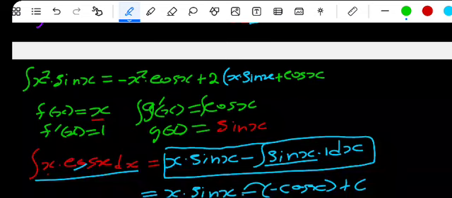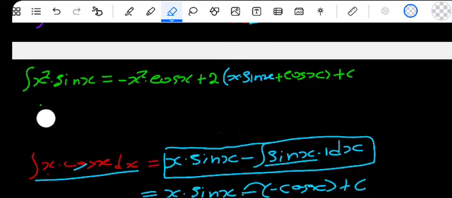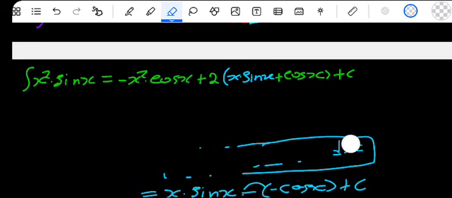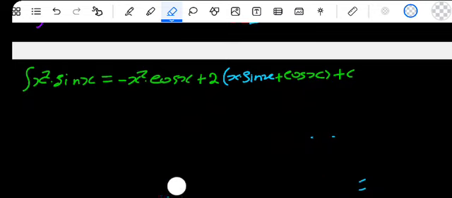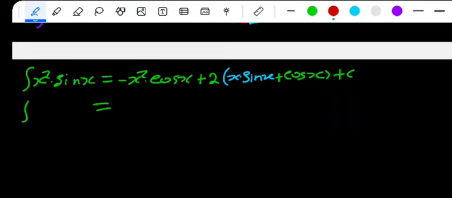So that is what we had there, plus our constant. So this must simplify. Our left hand side, we still have what we have there.